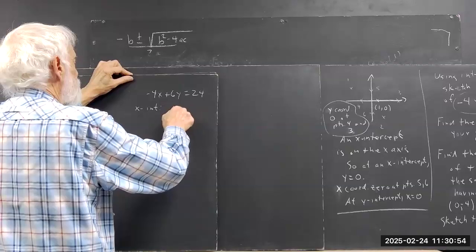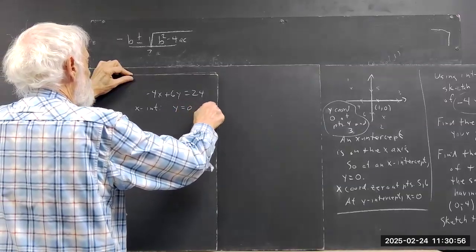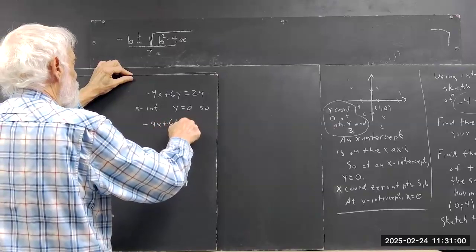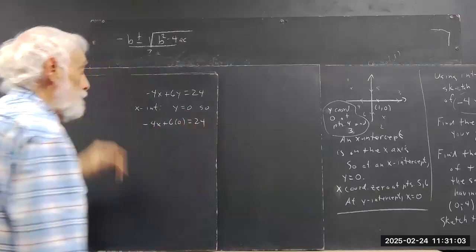X-intercept, y equals 0. So negative 4x plus 6 times 0 equals 24.